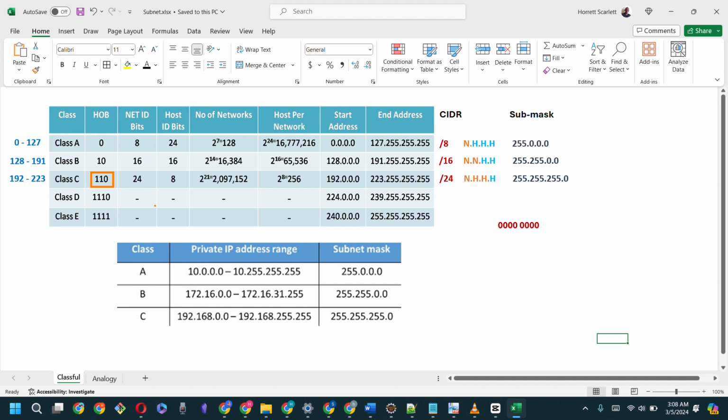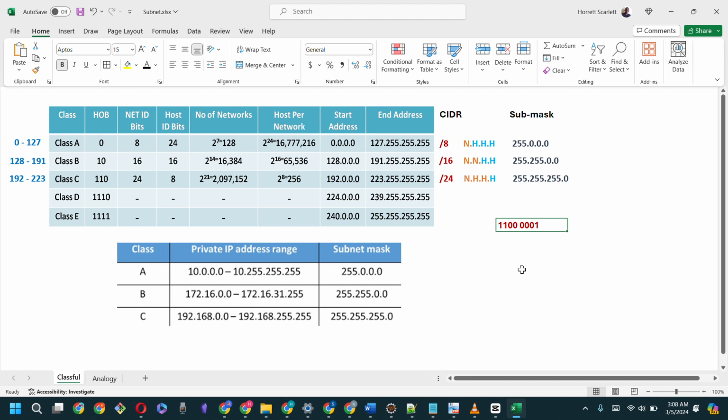What does this mean? This means that if, for example, I see an IP address laid out in terms of bits, and we're just looking at the first octet, the first 8 bits, and it looks like this, 1 1 0 0 0 0 0 1, then instinctively we are going to know that it is a class C IP address.